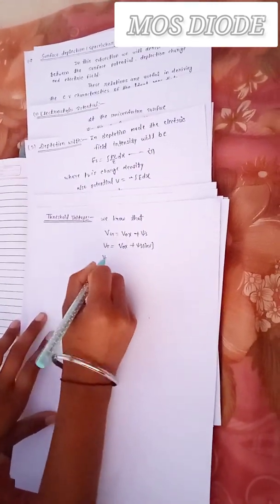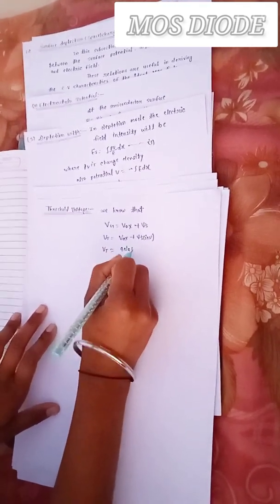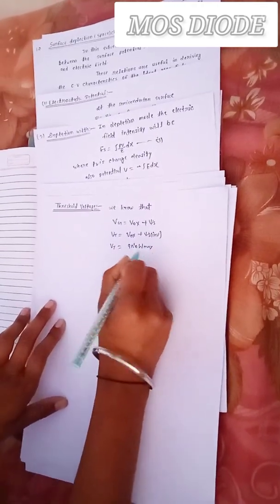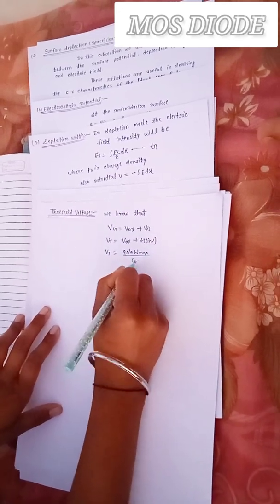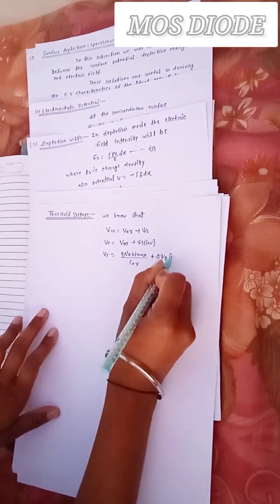So then Vt, and the value of Vox is Q n a W maximum upon Cox, plus 2 phi b inversion.